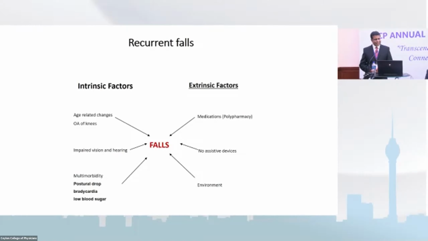Age-related changes, so she's elderly and she has osteoarthritis of the knee, visual problems, and she has medical issues like multimorbidity, postural drop, bradycardia, and low blood sugar. And the medication: she's on a lot of medications and has no proper assistive devices. She had problems in her toileting, as well as environmental problems.